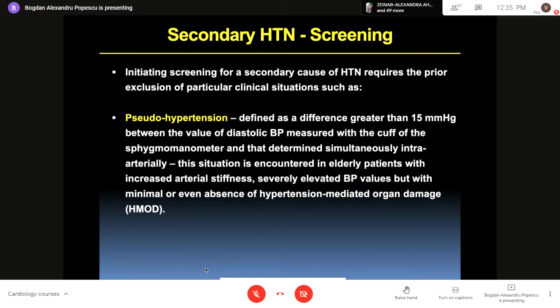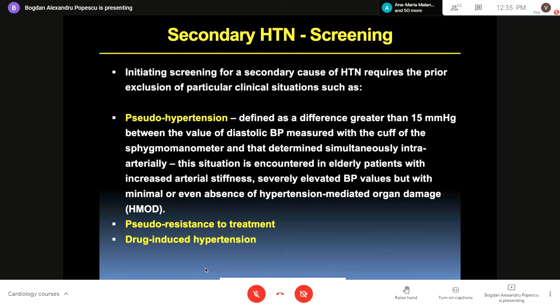This is, for example, the case in elderly patients who have increased stiffness and in whom the pressure measured in the arm may be quite different from the pressure that you measure invasively inside the vessel. In such cases, you may see a discrepancy between values that you think are very high, and on the other hand you don't find any hypertensive organ damage, because it is not really hypertension, it is pseudo-hypertension.